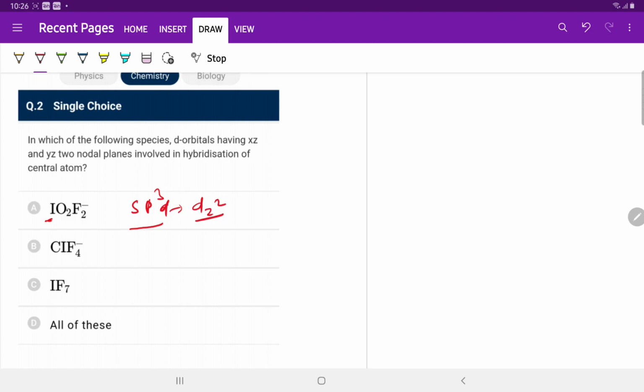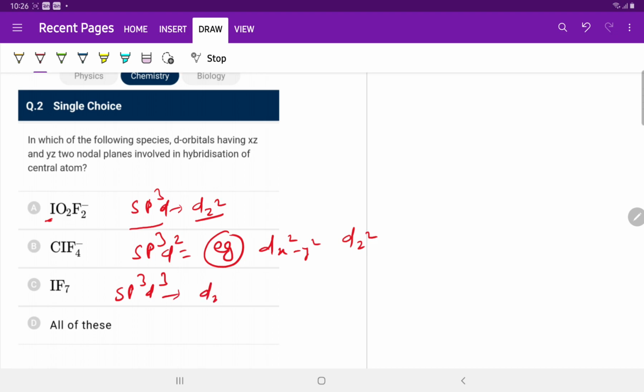ClF4 minus is sp3d2. The two d orbitals are Eg orbitals, meaning dx square minus y square and dz square. IF7 is sp3d3. The 3 d orbitals are dx square minus y square, dz square and dxy. And for dxy, yz and xz, two nodal planes. So the correct answer is IF7.